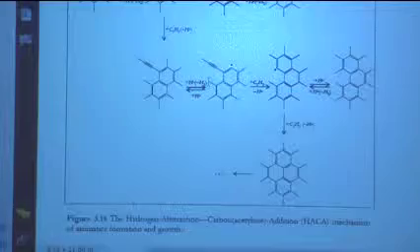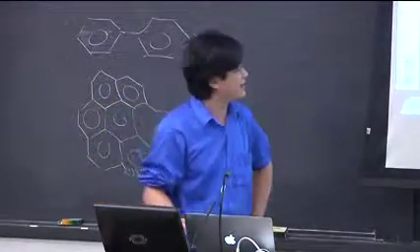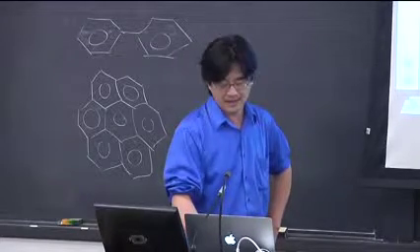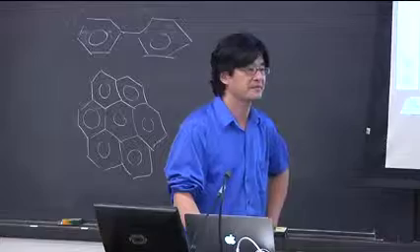Now, the trouble is that after this mechanism was postulated, there have been many challenges about the validity of this mechanism. Today, it is understood that this mechanism is just one of the paths to molecular weight growth.